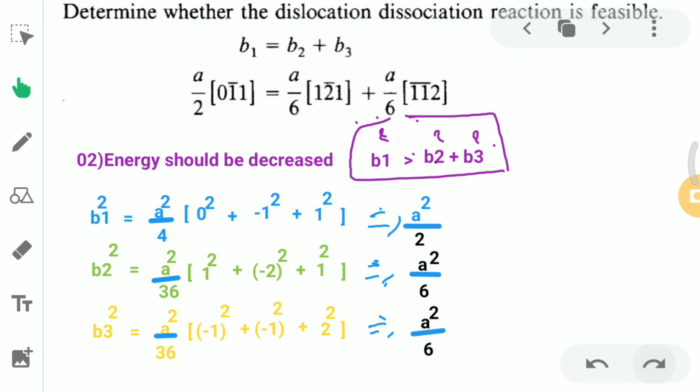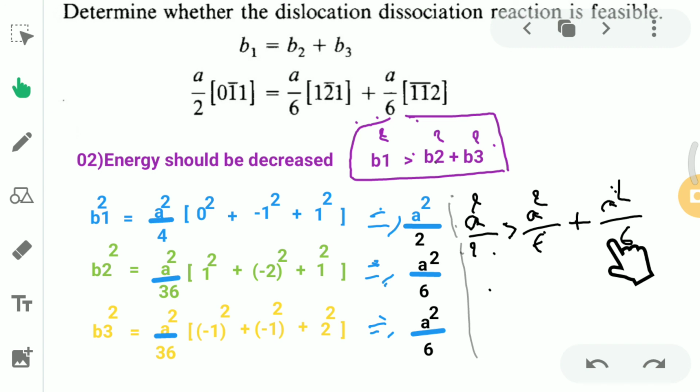Here we need b2 square plus b3 square to be less than b1 square. Then only this is energetically favorable. So we have b1 square equal to a square by 2, which should be greater than b2 square plus b3 square. b2 square was a square by 6 and b3 square was a square by 6.